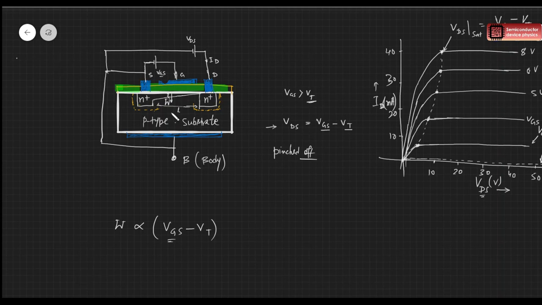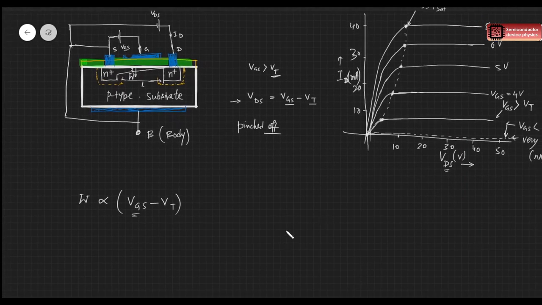And yeah, now this ID depends on basically a few parameters. So we'll just see that ID is the drain current, right?